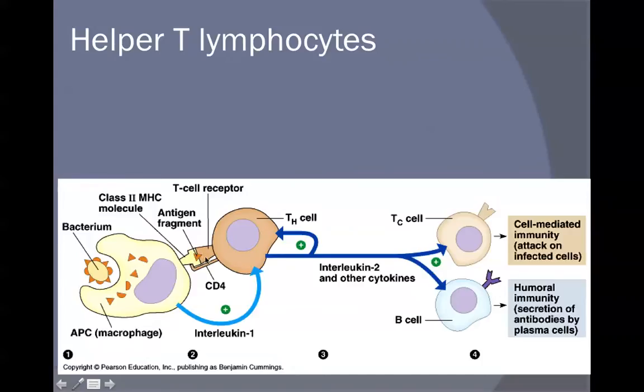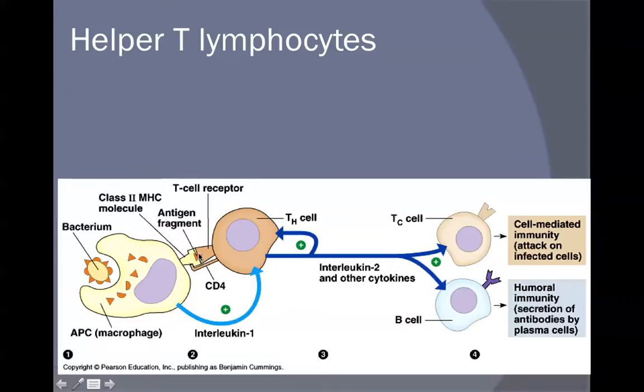What we're looking at here is the binding of a helper T cell with a macrophage, a phagocytotic cell of the immune system. It's all done through these proteins on the outside called MHC2 molecules. An MHC2 molecule is just a protein, and these two proteins, one from the macrophage and one from the helper T cell, can interact with each other.